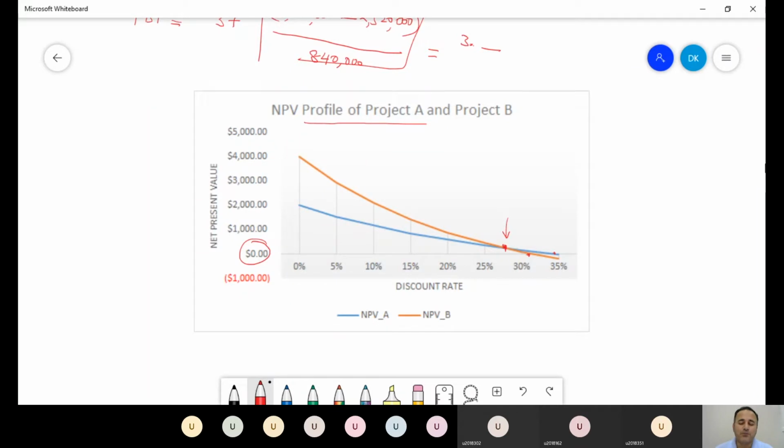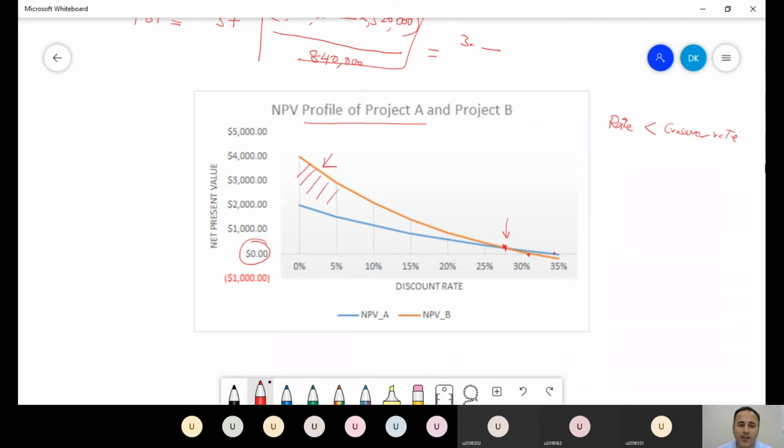Now, the last part of question number 2 was which project would you accept and under which assumptions. So there is no one answer for it. As you can see from the NPV profile, and plotting the NPV profile serves exactly the same purpose, if the discount rate is less than the crossover rate, let's call it the crossover rate, this one is more feasible.